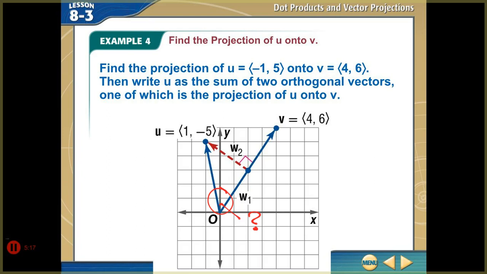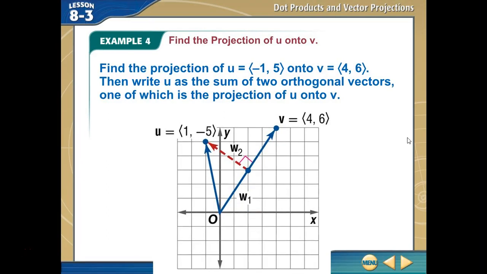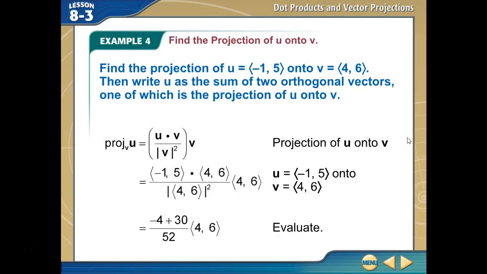So when we look at this, we're going to find the projection by using the dot product. So we take the dot product of u and v, which we can do by just, remember, multiplying. So negative 1 times 4 plus 5 times 6 is negative 4 plus 30, which should be 26, divided by the magnitude of vector v.